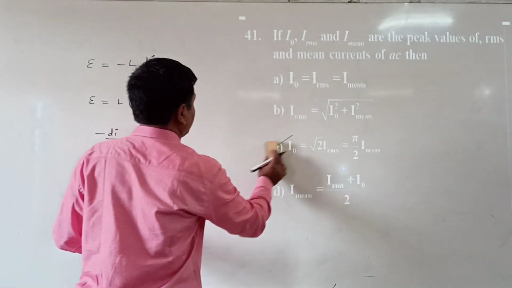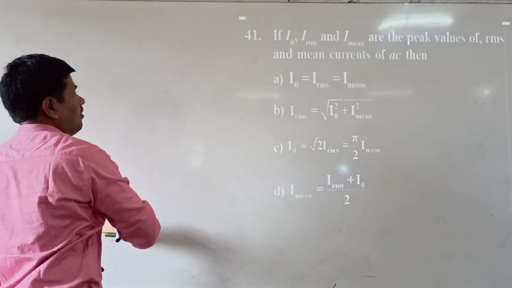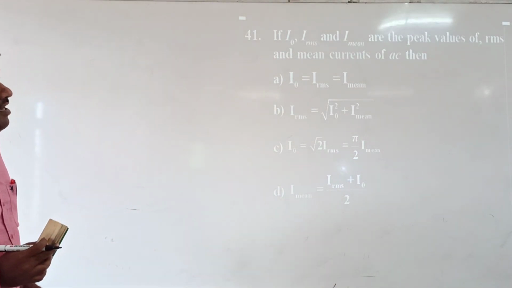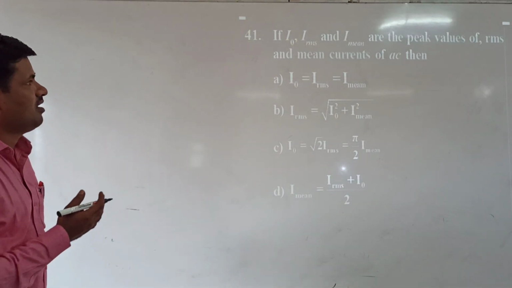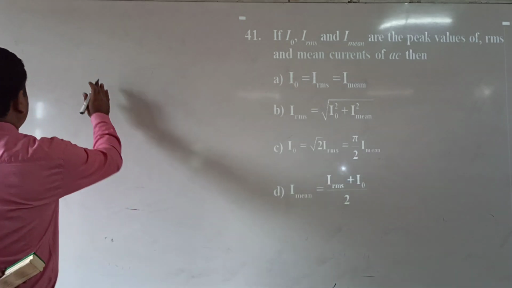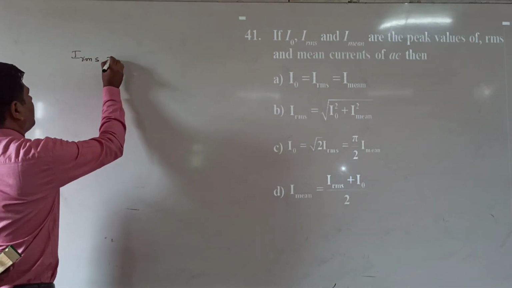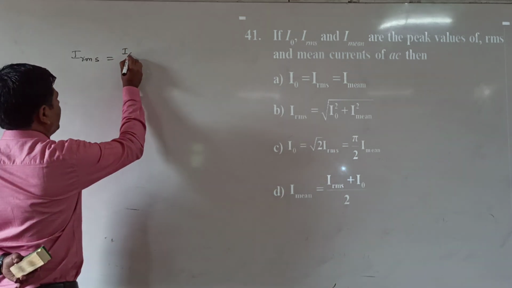Next question number 41. I naught, I RMS and I mean are the peak value, RMS value and mean current of the AC. Which relation is correct here? We know the formula I RMS is equal to I naught by root 2, where I naught is the maximum value.